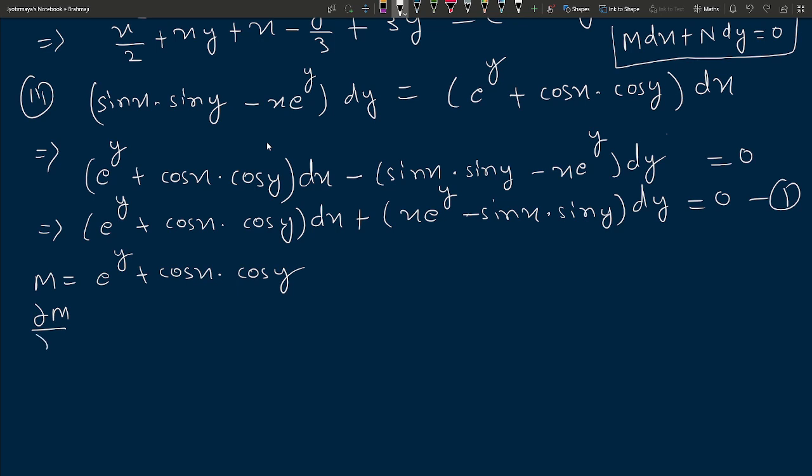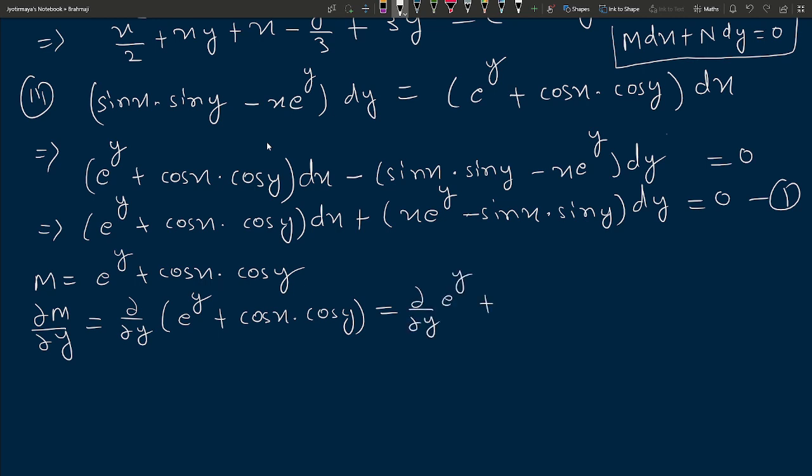Now del M by del y. So del by del y of e to the power y plus cos x into cos y. This is partial derivative with respect to y. So treat x as a constant, e to the power y. So this is del y of e to the power y.